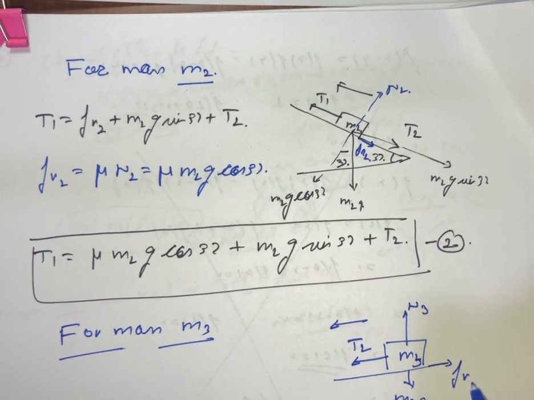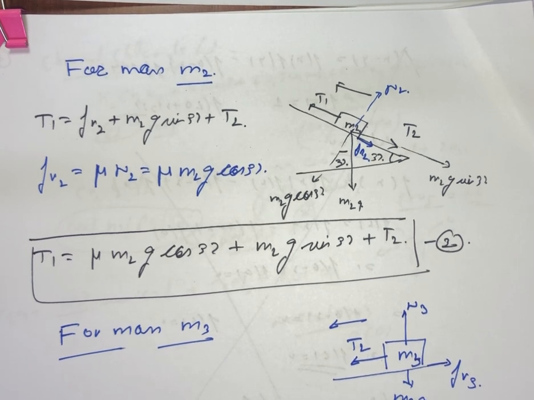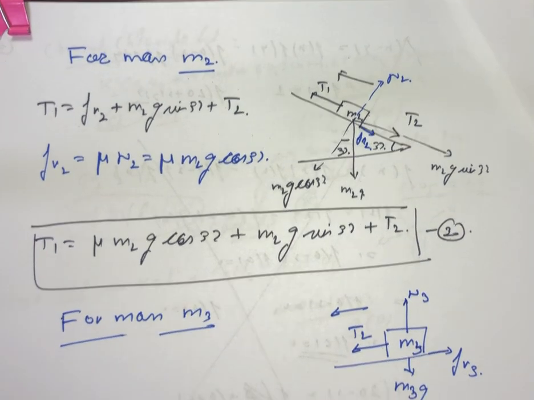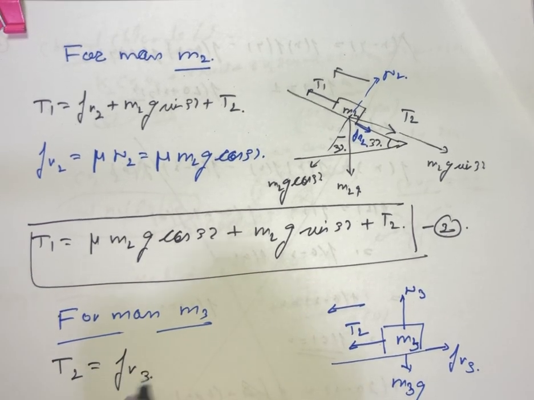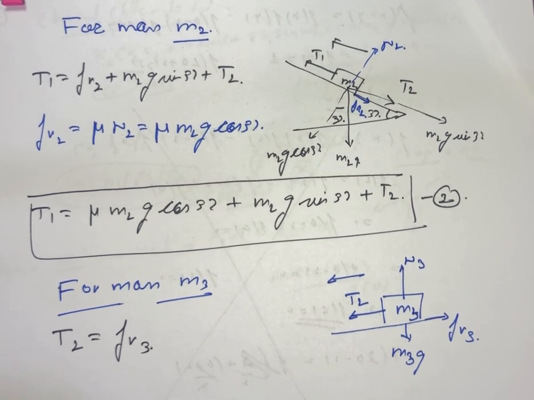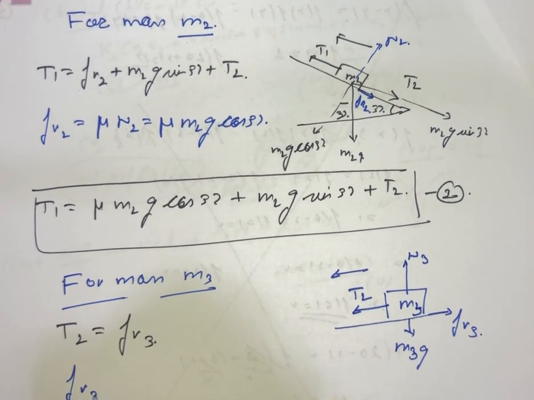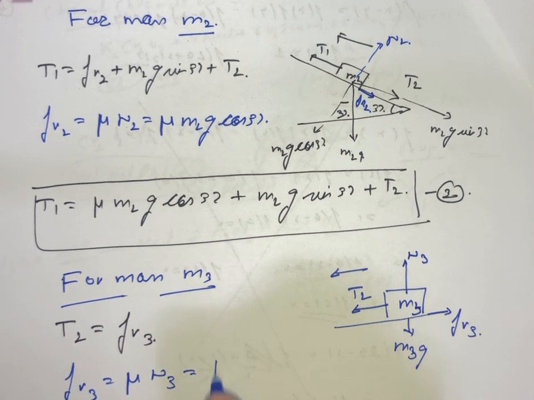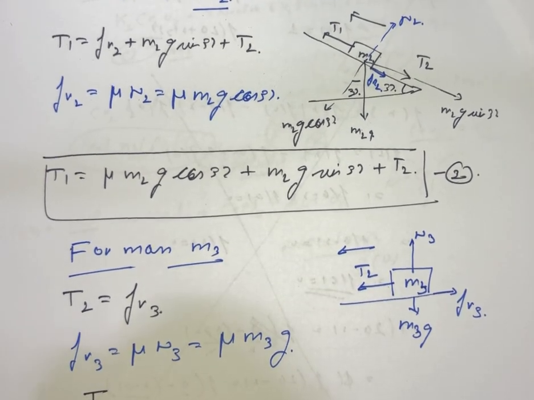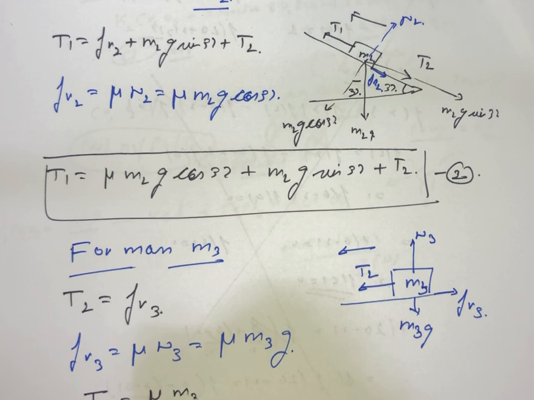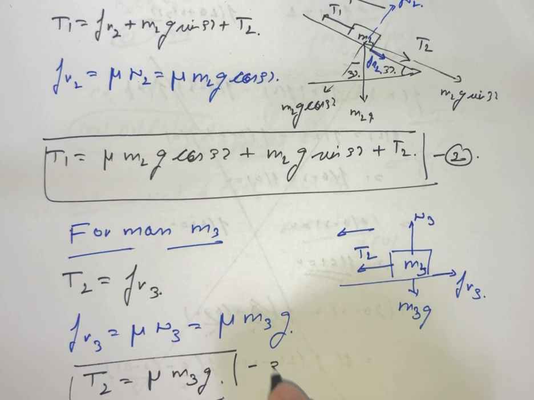Let us suppose there is FR3. So we can write that T2 is equal to FR3, and FR3 is equal to mu into N3. N3 will be equal to m3g, so we get mu m3g. Therefore T2 will be equal to mu m3g, and let us call this equation number 3.